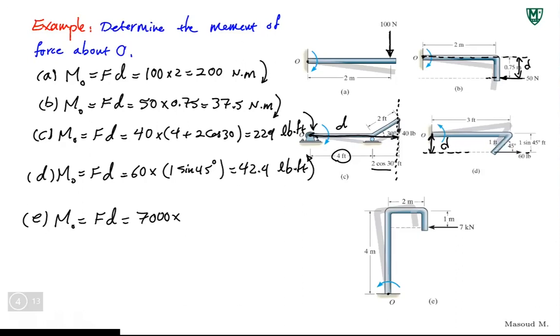If this is the line of action of the force, this distance from here to here would be D, and D is just 4 minus 1, exactly 3. So that would be 21,000 Newton meter. And for the direction of the force, palm of my hand this way, make a fist. This will be the direction.